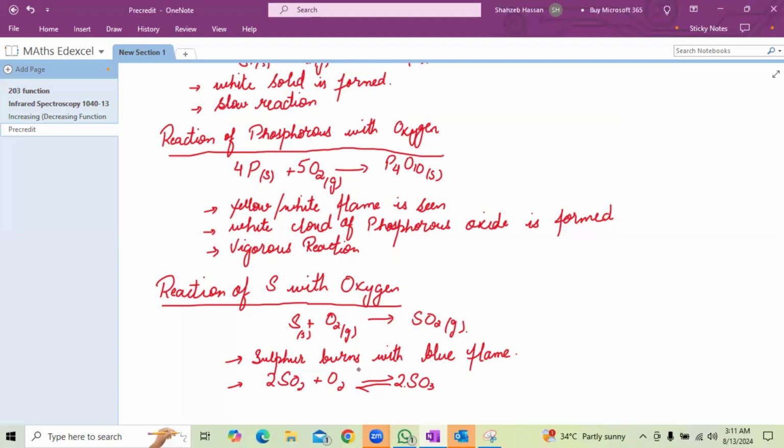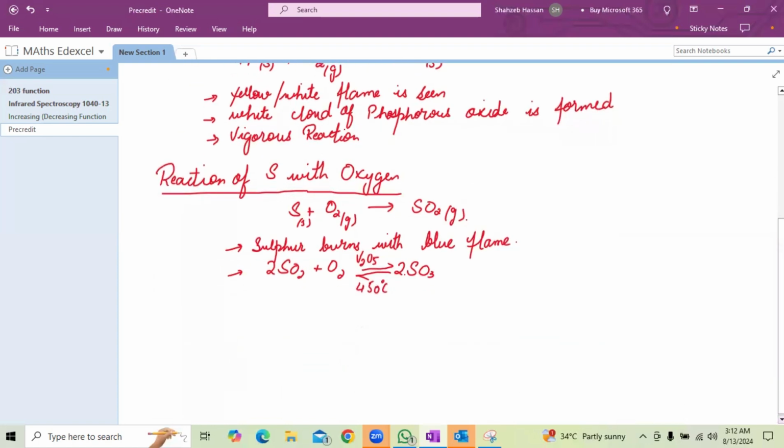And there is a catalyst which we are going to use, that is vanadium pentoxide, and the temperature is 450 degrees Celsius. Okay, so this is basically its temperature. Done.